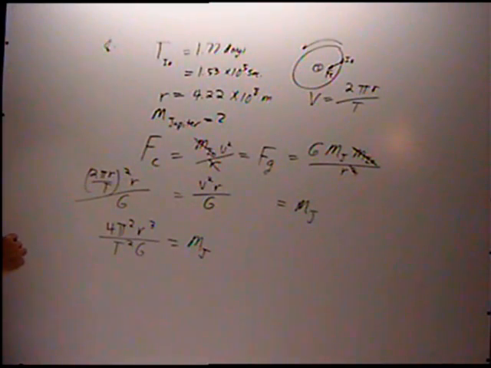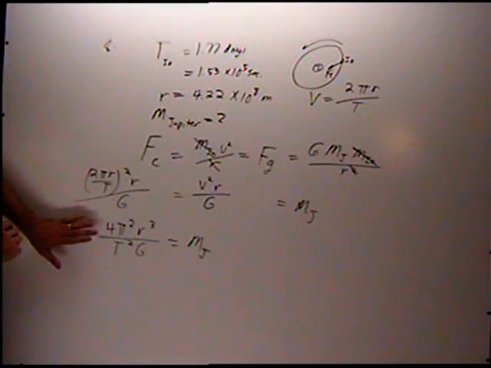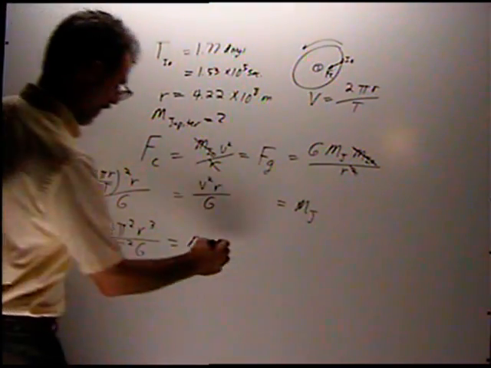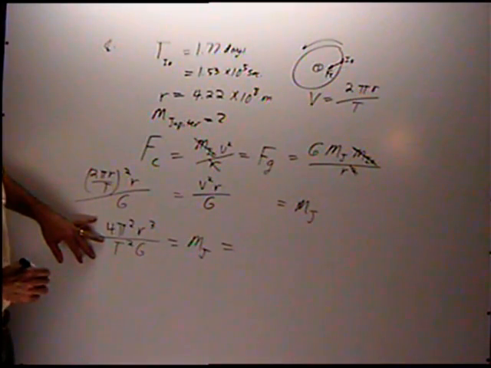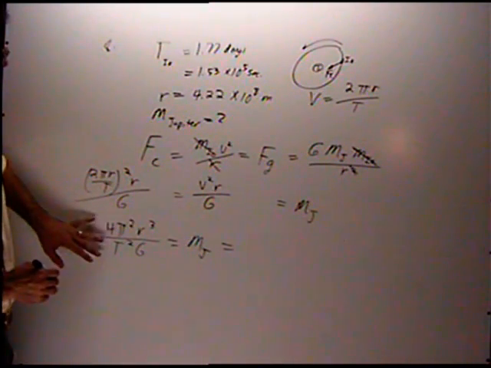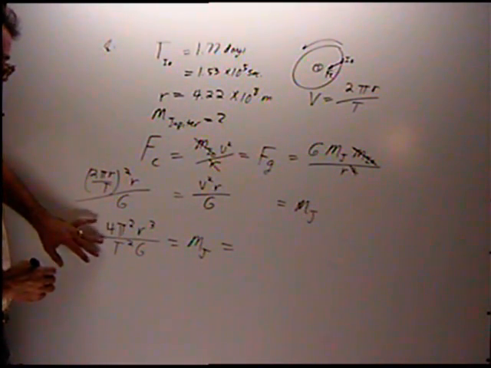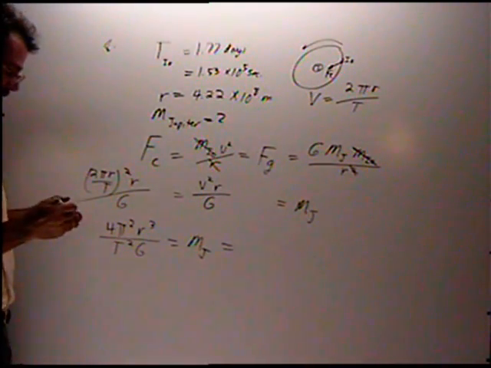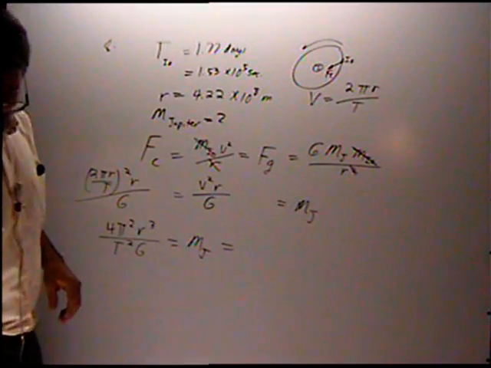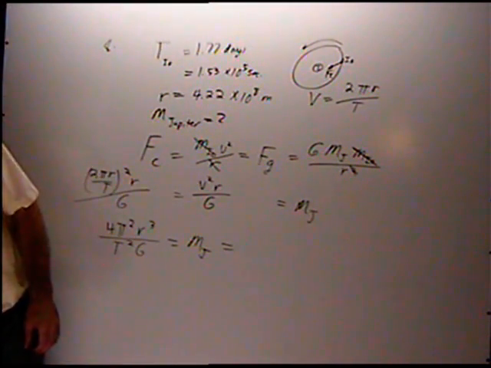Okay? So we should be able to plug all of these numbers into here in order to get what the mass of Jupiter is. I'm not going to do it. I'm going to let you go ahead and do it, but this is how I would at least set up the problem.